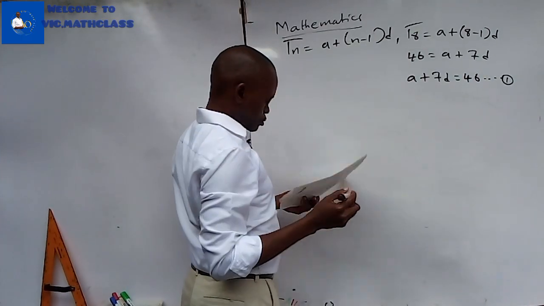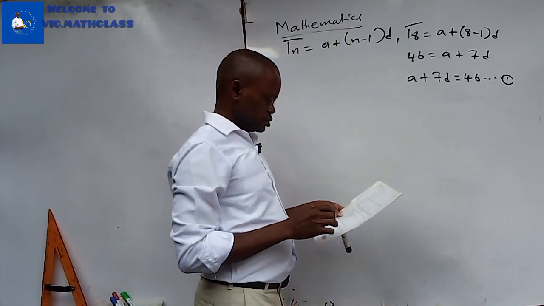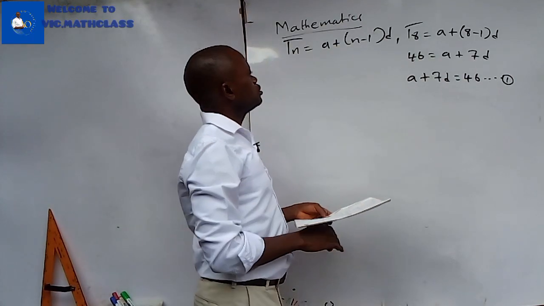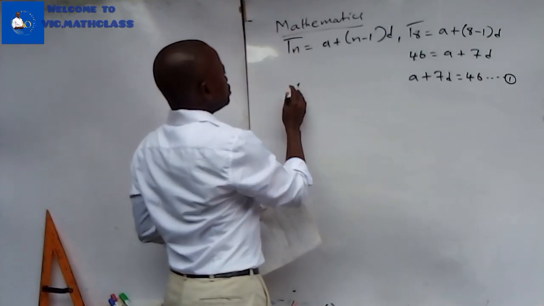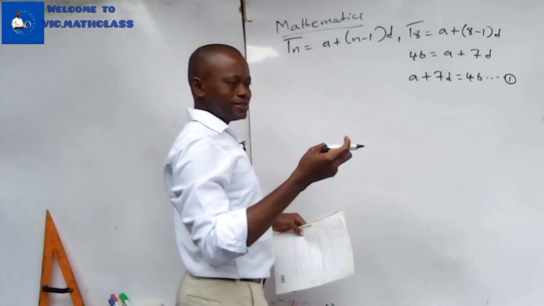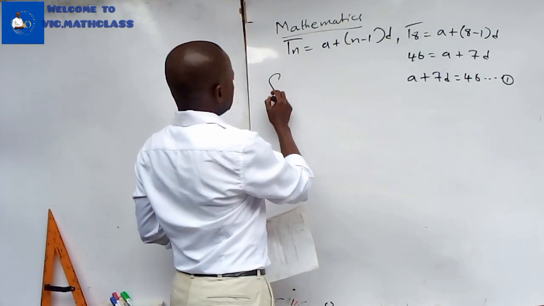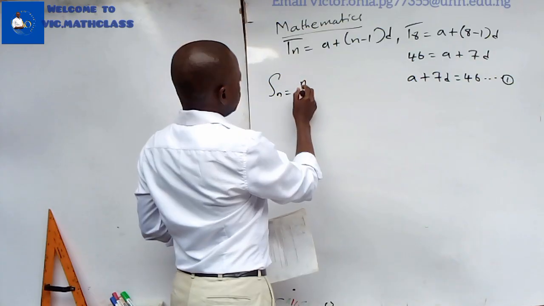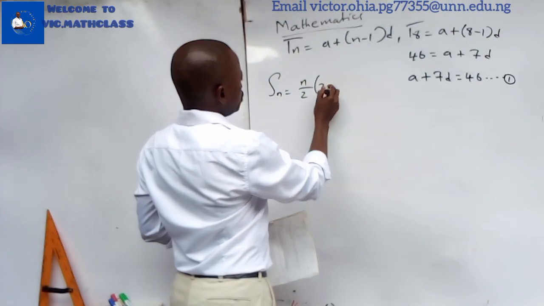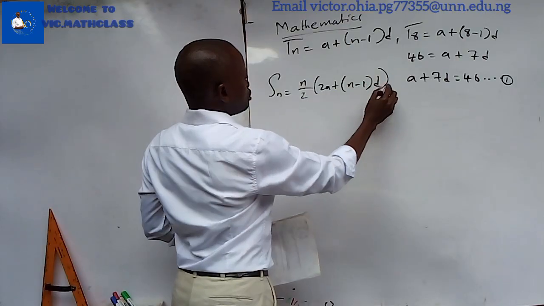I'll come back again and look at the next statement that says the sum of the first 8 terms. So we will now bring up the formula for calculating the sum of n terms of an arithmetic progression, which is Sn equals n over 2 bracket 2a plus in bracket n minus 1, then the common difference d.